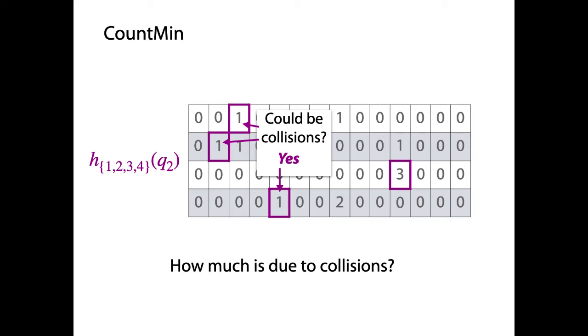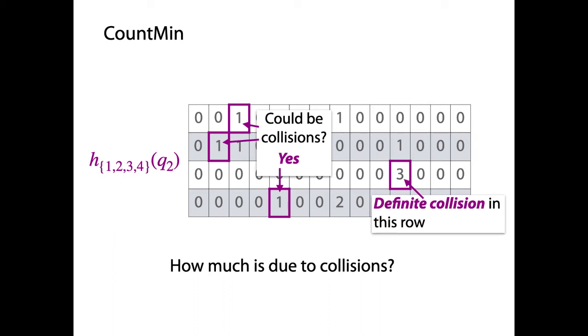By contrast, if we look at the 3, we can make a stronger statement. There's definitely collisions there, right? If q sub 2 were present 3 times, then these would also all be 3. But because it's not, we know that there were 2 occasions when another item collided with q sub 2 in that 3rd row.